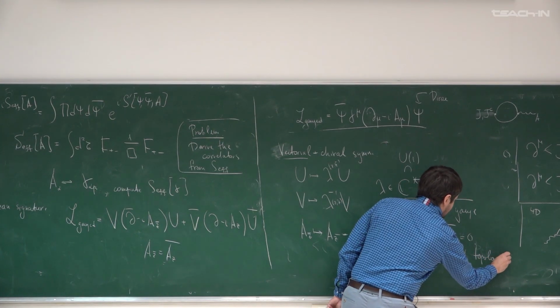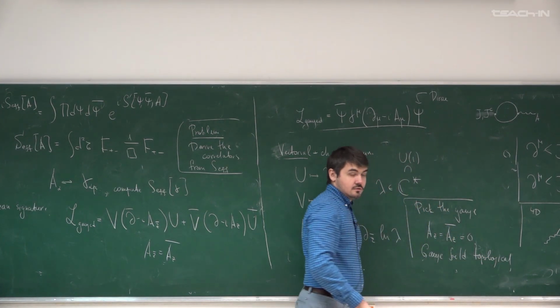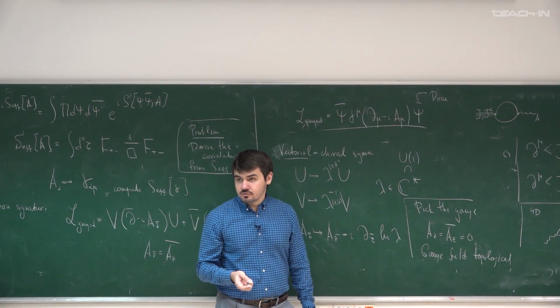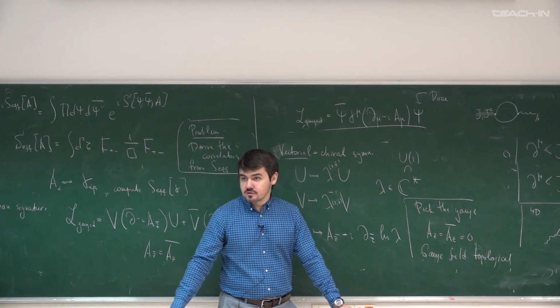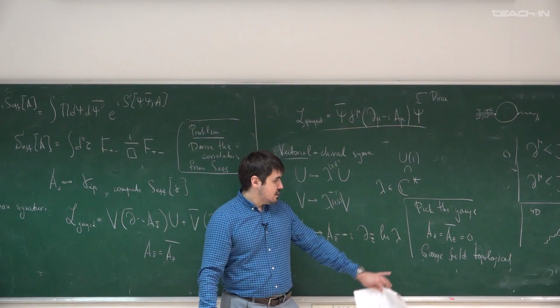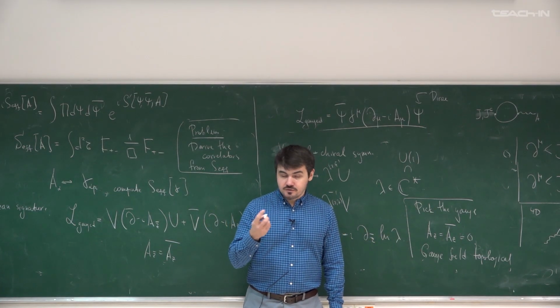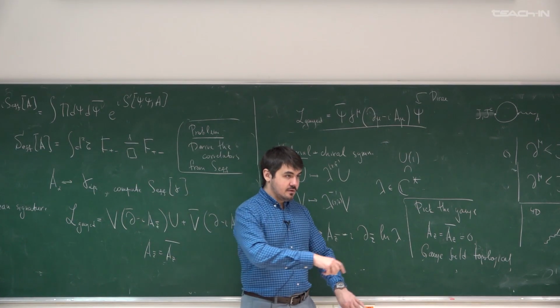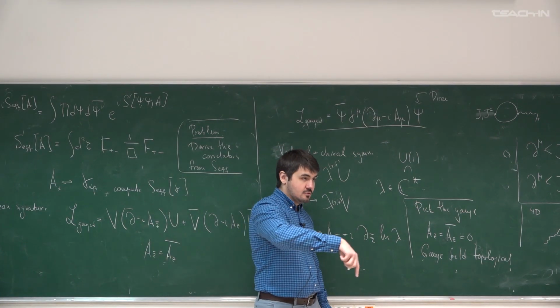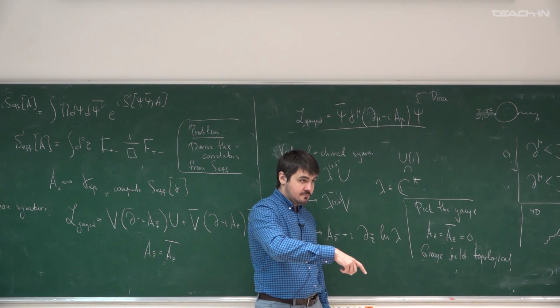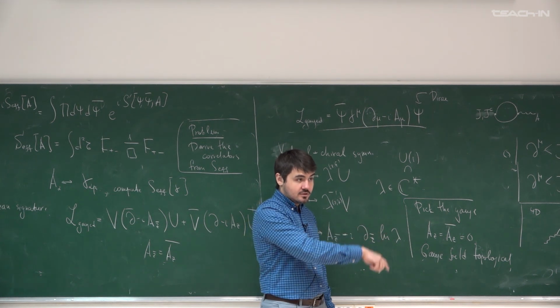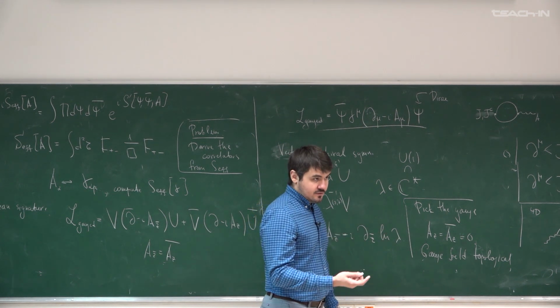Of course you can set it to 0 on a worldsheet of trivial topology, say flat space with decay conditions at infinity. If, for example, you have a cylinder, then you can still have holonomies around the cylinder. Or on a Riemann surface, you can still have holonomies around the cycles of the Riemann surface. So you'll still have a moduli space of connections. That's what I mean by saying it's topological.